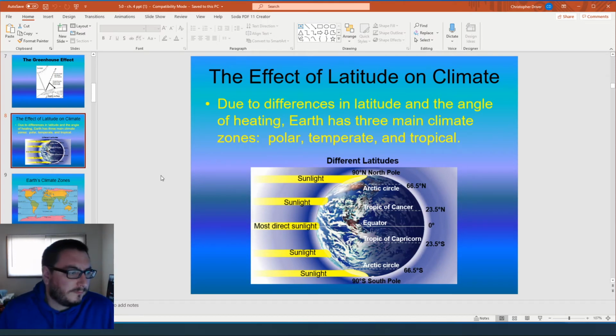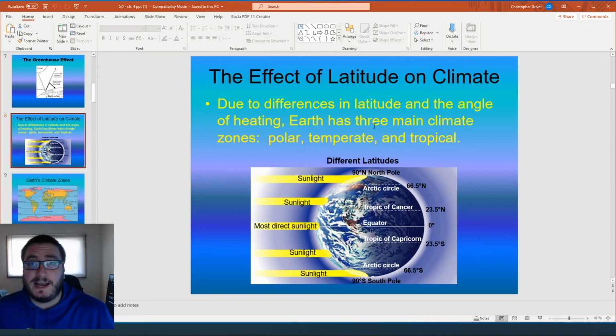So what does this due to? I kind of want to touch on this angle of heating. Basically, as you get further away from the equator, the directness of the sunlight is not as strong. So let me put it to you this way. Let's say you're laying out trying to get a tan.